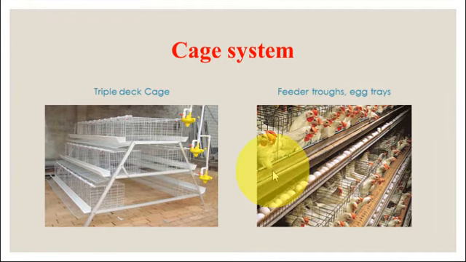There is an egg collection tray and a feeder row. Here there is an automatic feed providing system and water providing system, so the birds need not wait to take feed. In a conventional cage, the bird needs to wait.